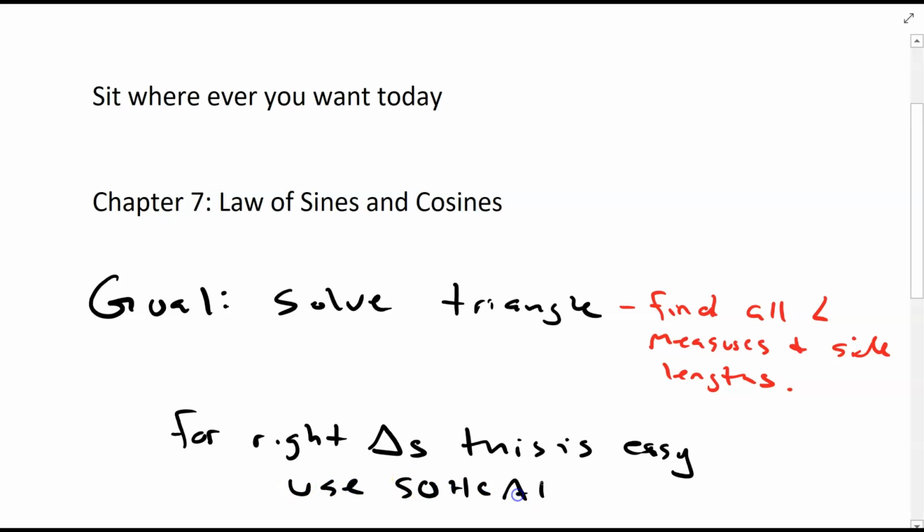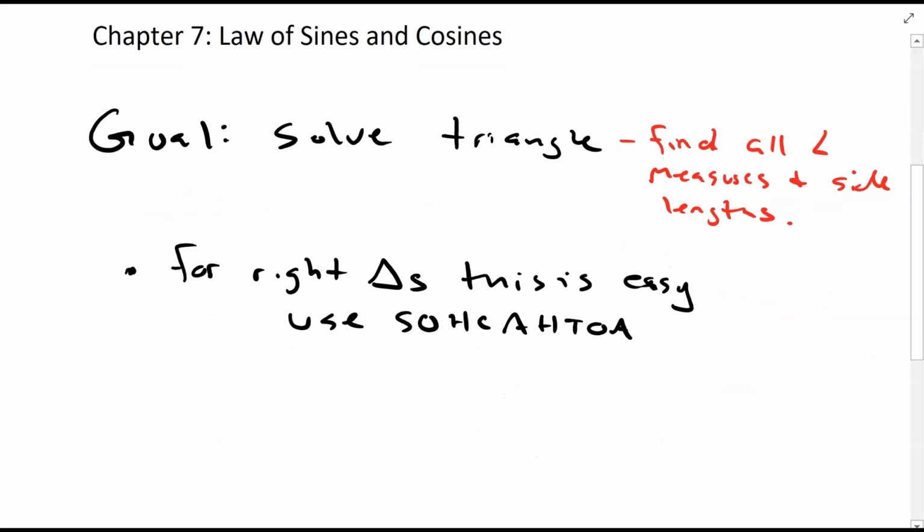We can just use SOHCAHTOA. It's easy. We did this briefly in a few chapters back in first semester, right?